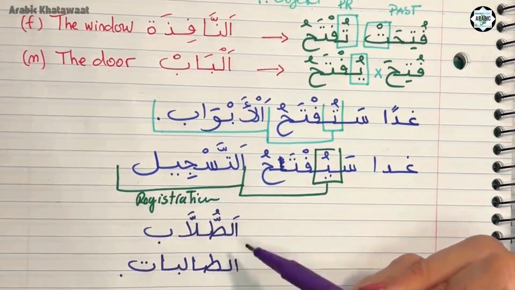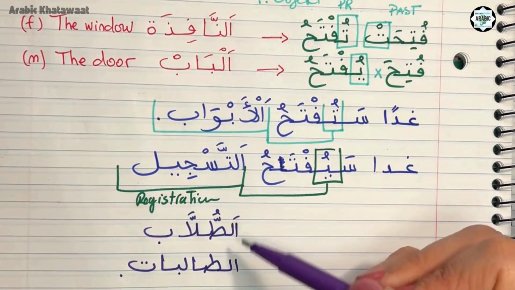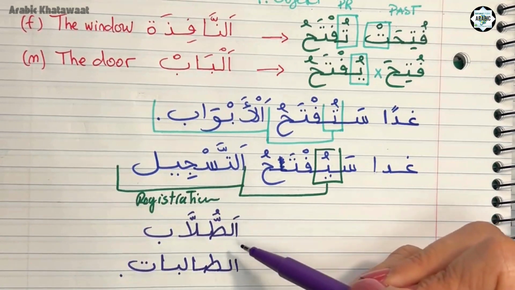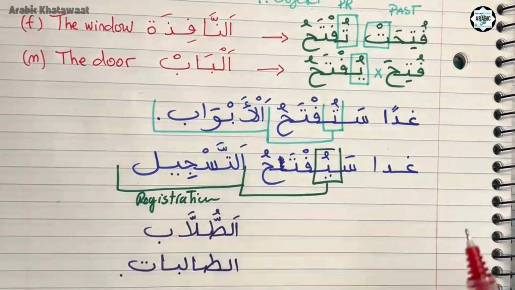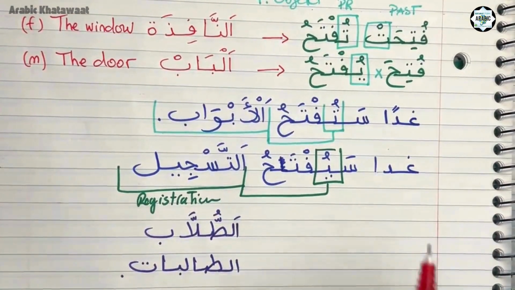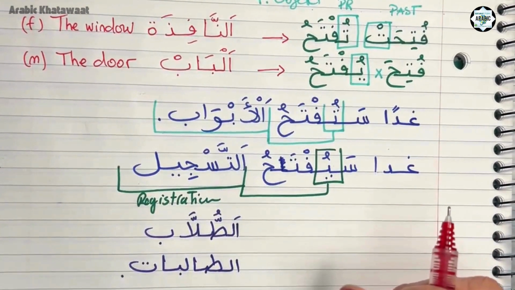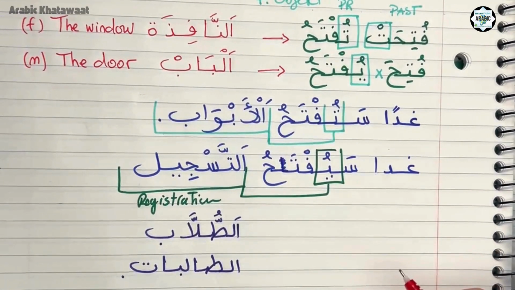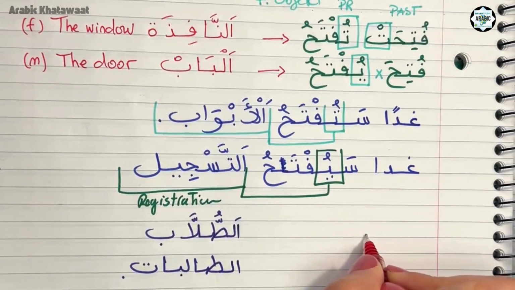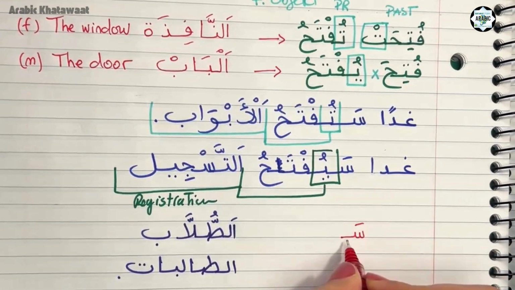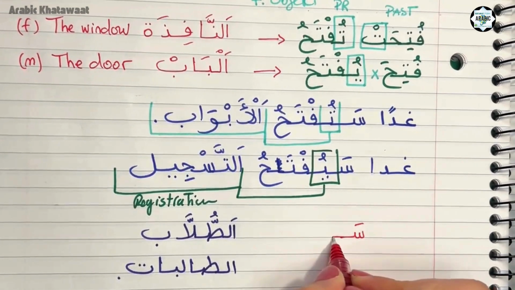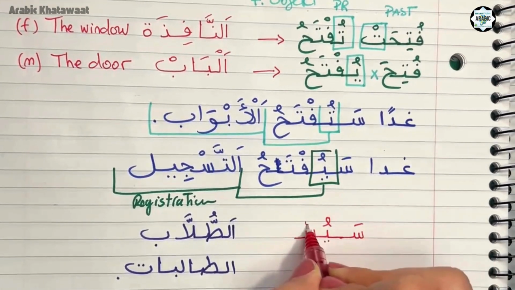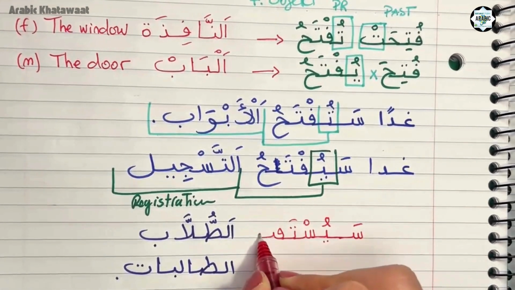So it doesn't matter if I have plural or singular as my object, the valued object, because now we're defining the object with alif lam. So what I'm going to say here, I would say the students will be received. I'm using the future tense here. So all I'm doing is I'm using sa, and I'm using the present tense, sa, ya, يستقبل.